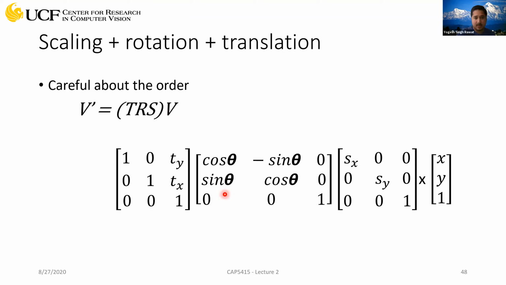Okay, so that's the scaling matrix, sorry, that's the translation matrix. And you can easily verify why this is just doing translation, because you have ones in the diagonal.